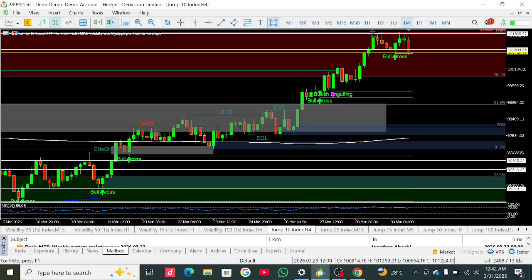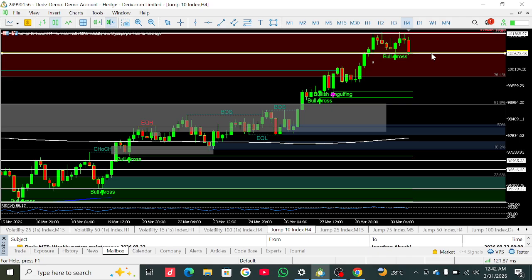The top here is my candle range high, while the low here is my candle range low. And now it has already hit the full TP. I've just closed this before I started this video. This is where my full TP is supposed to be, the candle range high and the candle range low.